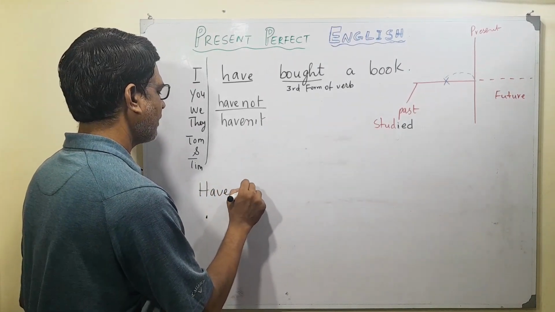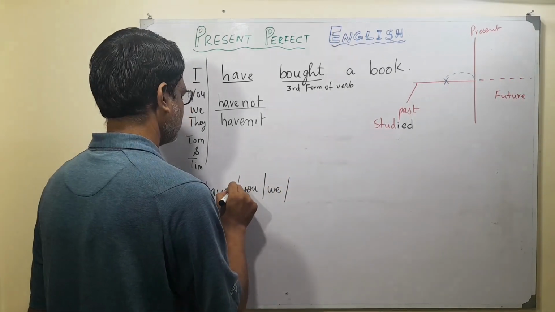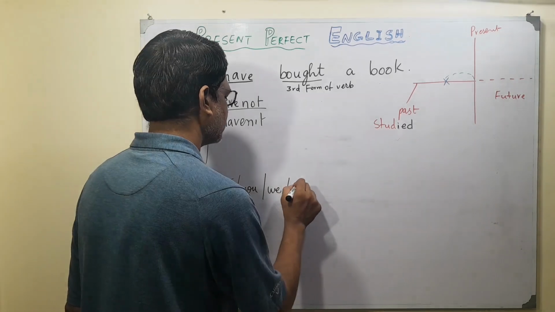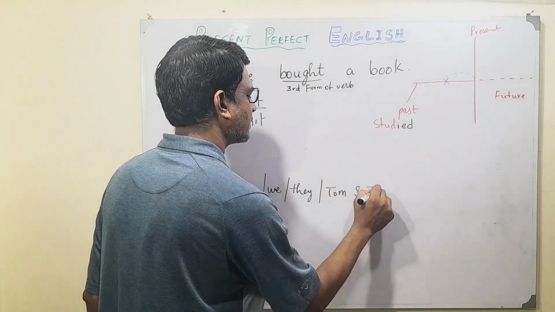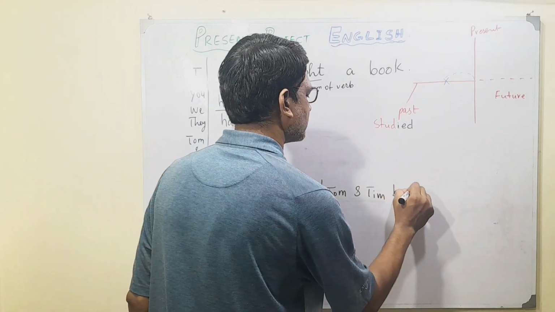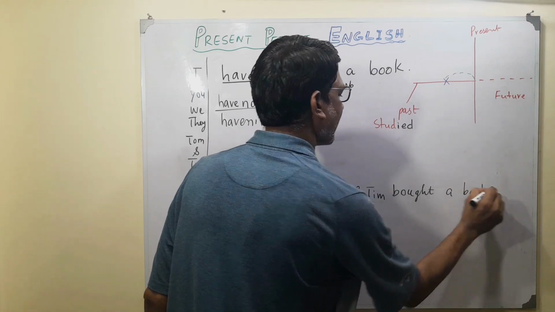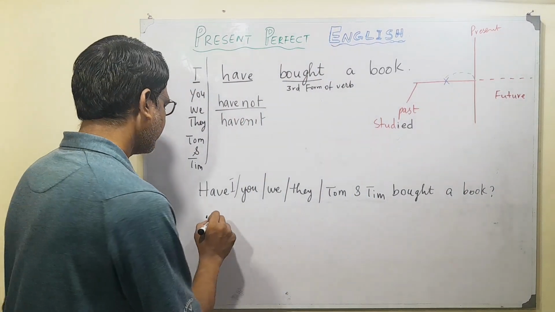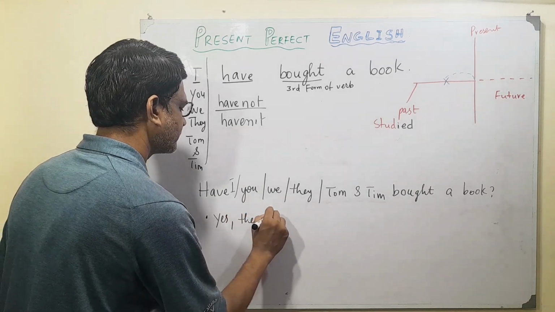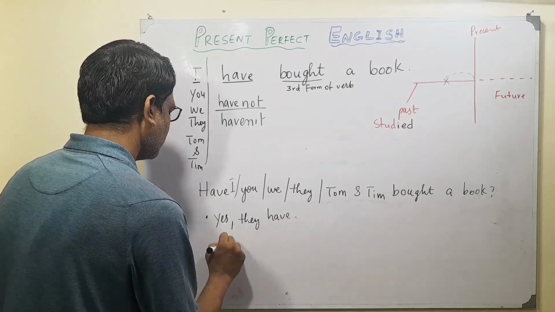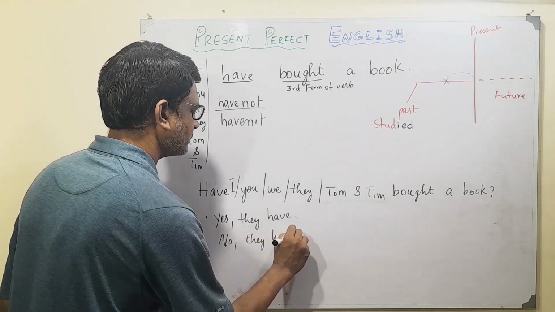So we say, have you, have we, have I as well, have they, have Tom and Tim bought a book? And then the question mark. And the answer could be yes, they have, or no, they haven't.